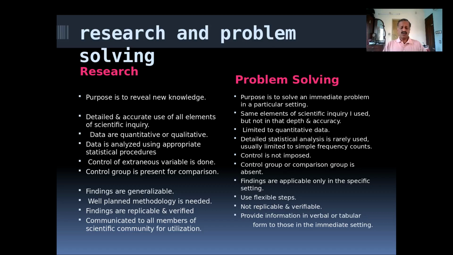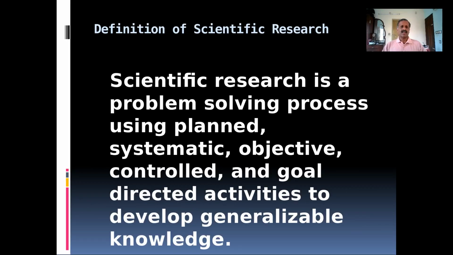Now we go on to the next slide, where we can see the definition of scientific research. There are so many definitions in different textbooks. But from all these definitions, the elements we put together, this is somewhat a good definition.